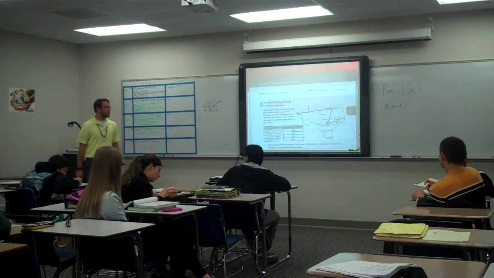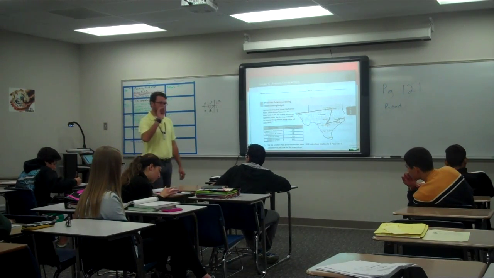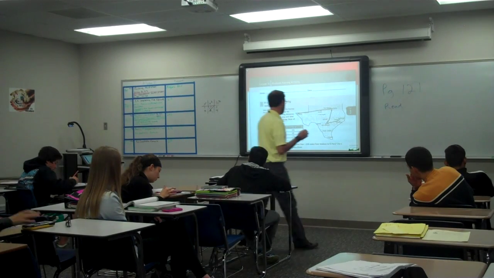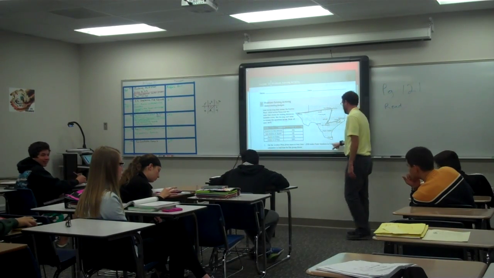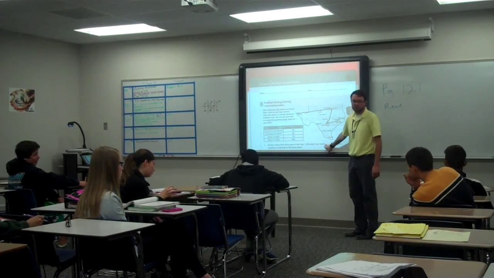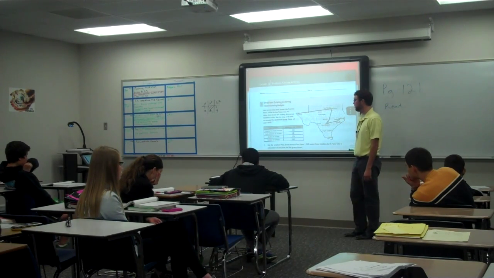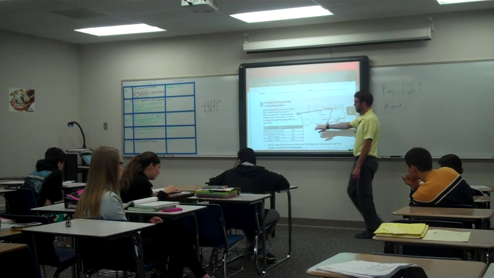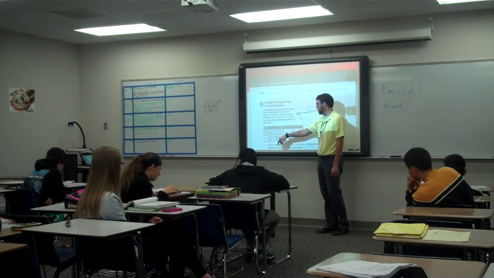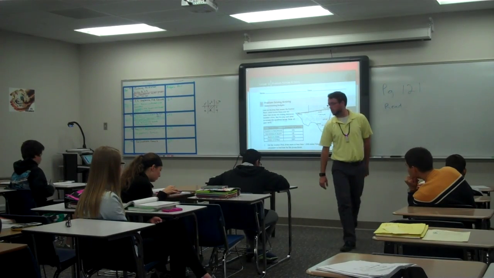Let's just think about this for a second. I want to know from Houston to El Paso. Guys, I said let's think about this for a second, which means don't shout something out. Okay, from Houston to El Paso. Now, if we look at our table, I've got Houston to San Antonio, San Antonio to Austin, Austin to Dallas, Dallas to El Paso. Anywhere in that table, do you see Houston to El Paso?